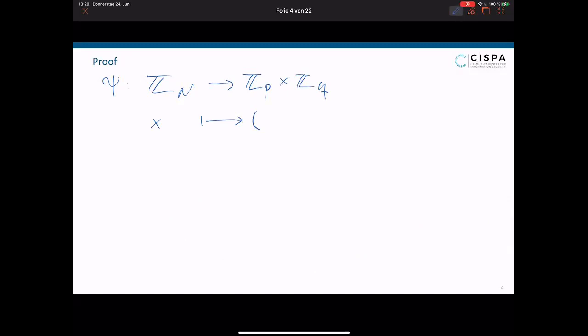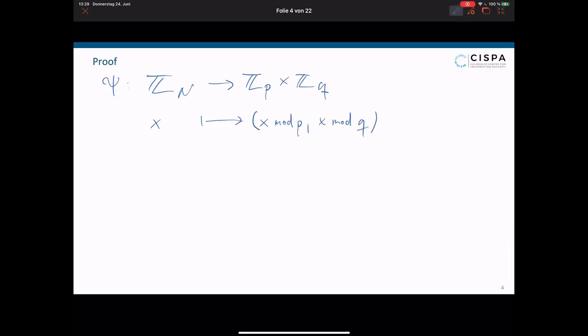Proposals. What could I map this x to? What's the canonical thing you might do? Yeah, good. Someone in the chat wrote the answer. I'm computing x modulo p, comma x modulo q, right?